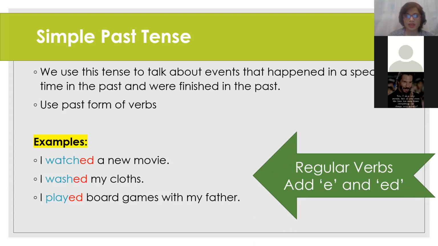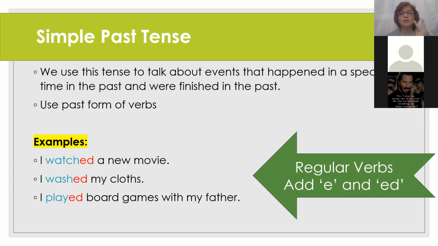If it's about past, which form would we use? The second form. We use the past form, the second form of verb, and one of the ways to make the second form is adding ed. And such verbs are called regular verbs.